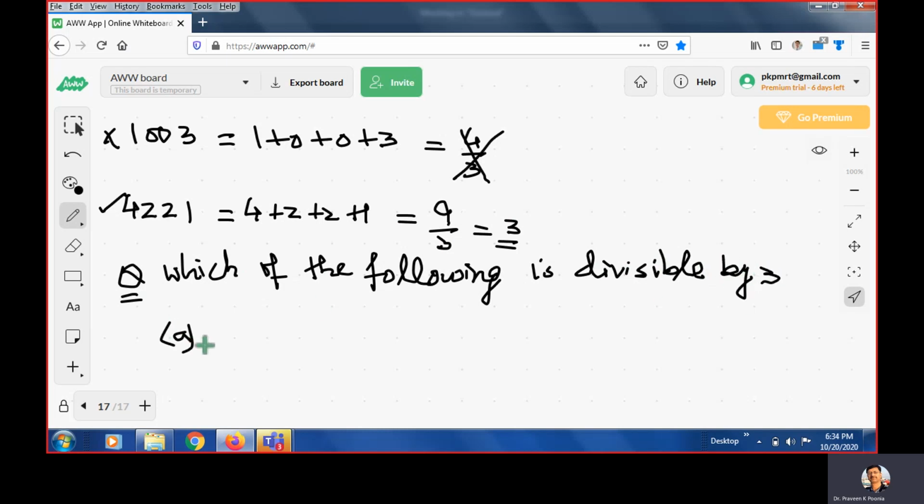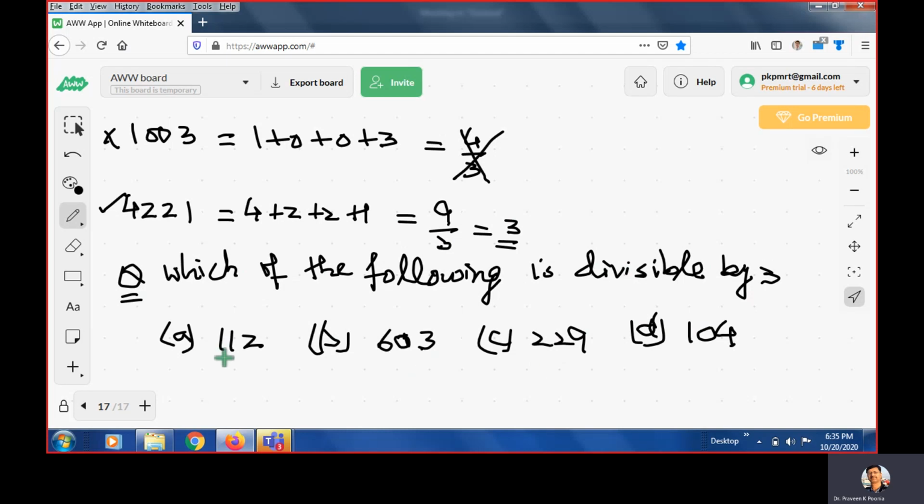I will write 4 numbers here. A. 112. B. 603. C. 229. And D is 104.